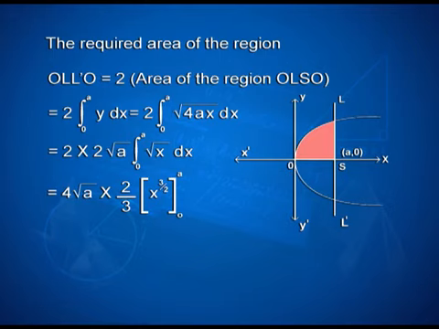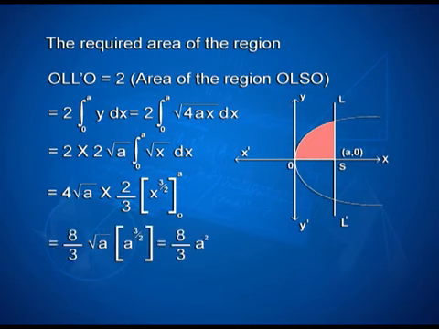On applying limits, we have 8 upon 3 into square root a into a to the power 3 upon 2, that is equal to 8 upon 3 a squared.